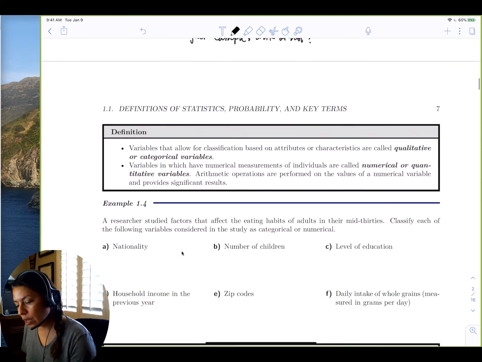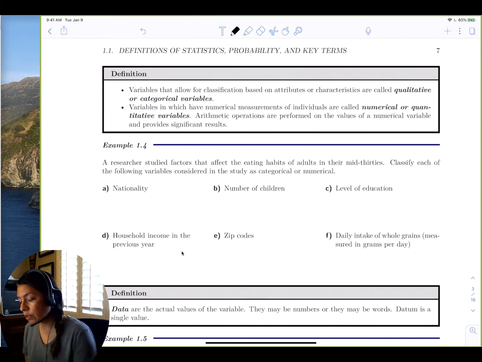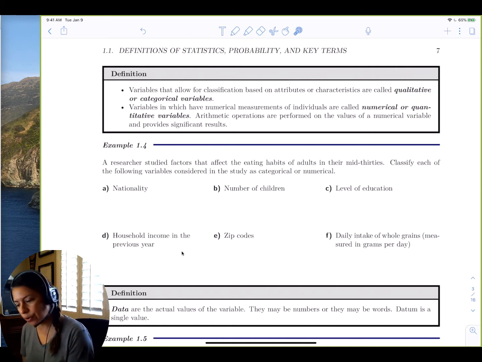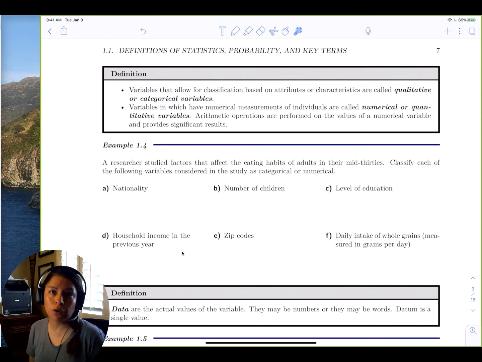So now we have a different type of variables, right? So if the variable is the characteristic of interest, then we definitely have different types of variables. The different types of variables that we have are going to be qualitative, meaning if they have an attribute. Another word for qualitative is categorical, and I do like the word categorical, and I'll use that most often because that's what it is.